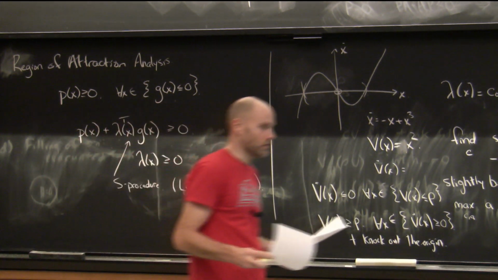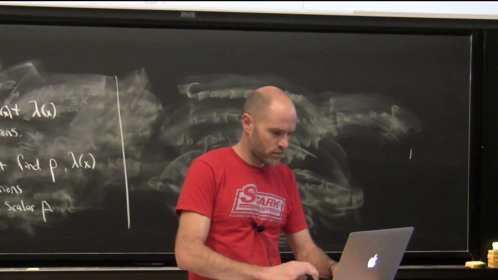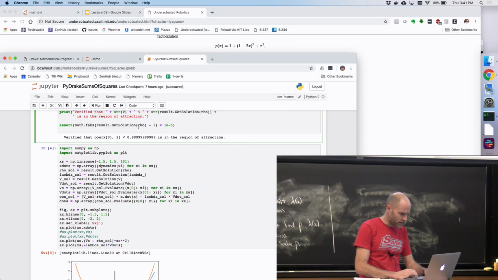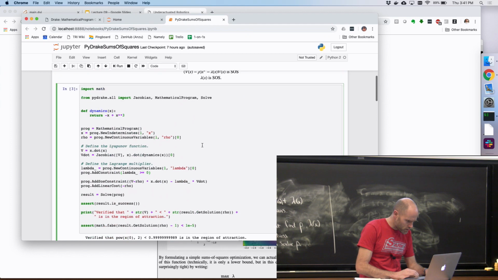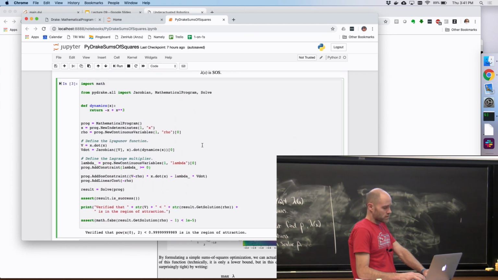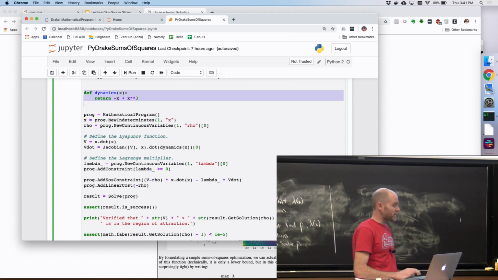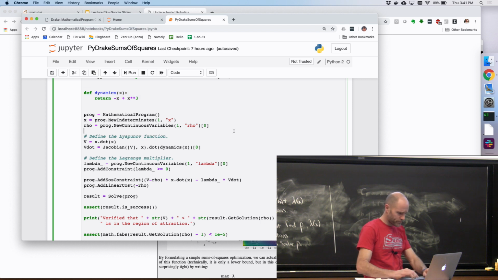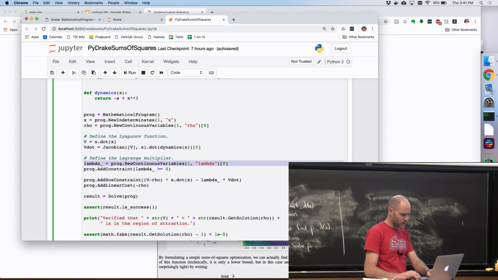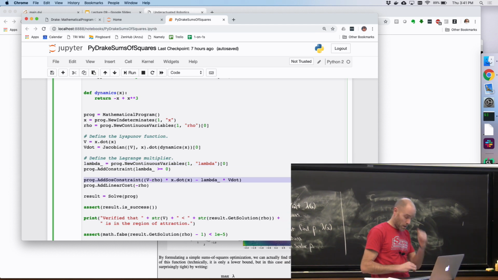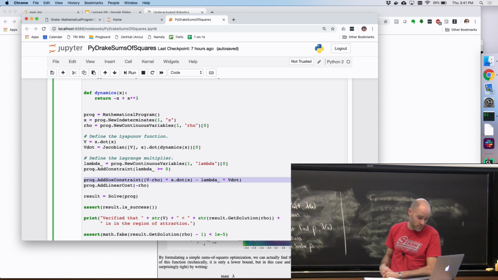And I think I can almost show you that in code as well as I could write it on the board. In fact, I have it probably up here. So my dynamics is negative x plus x cubed. Make my V just x squared. Lambda is this. Now I'm going to say that V is going to be greater than rho whenever V dot is less than 0.